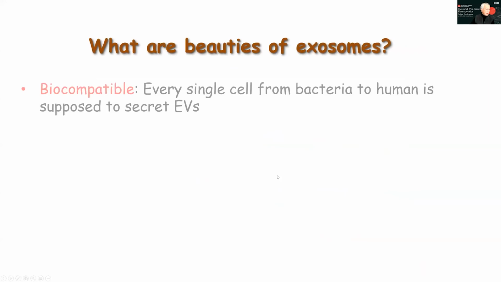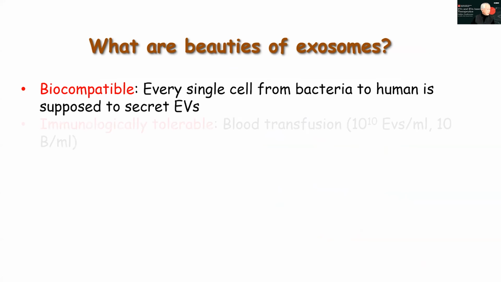So I will briefly introduce the beauties of exosomes. First, the exosomes are very biocompatible. As I said before, every single cell, not only human, but also bacteria, is supposed to secrete extracellular vesicles. So it means it's very biocompatible.